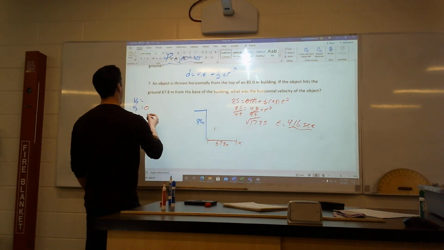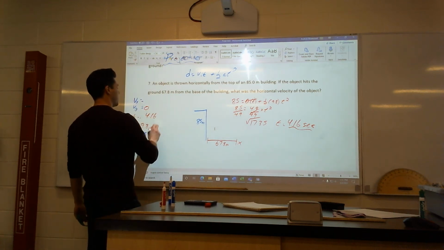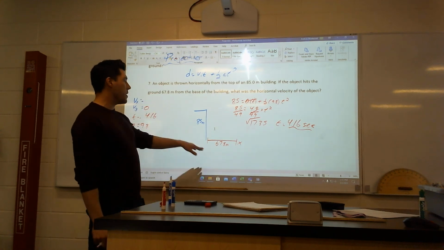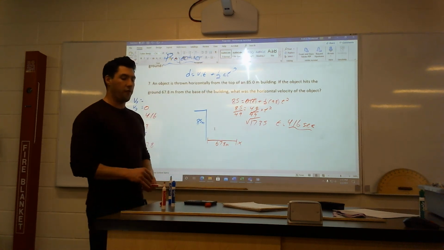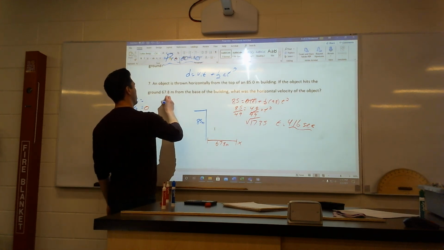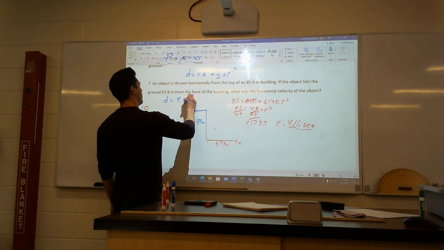Now that I have that time, 4.16, I don't know my Vx, but I do know my distance in the x direction. To figure out the Vx, I can go back and use distance equals time multiplied by velocity.